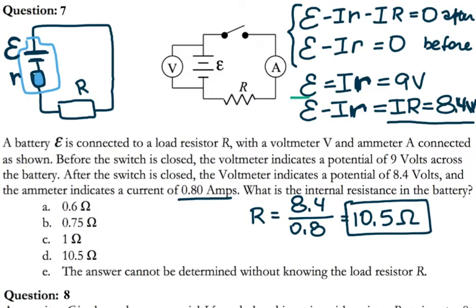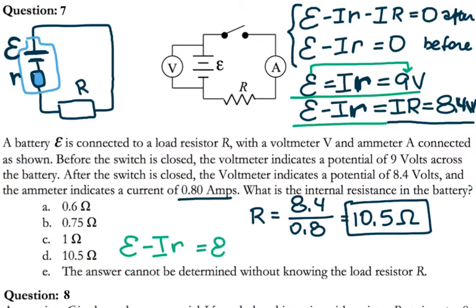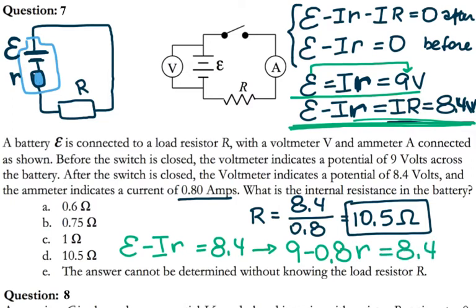And I can use these two equations. So what I know is EMF is 9 volts. So I have EMF minus I times r, and I times R equals 8.4. So I took it from this part. EMF is 9, so I have 9 minus the current, 0.8, times the internal resistance, equals 8.4.